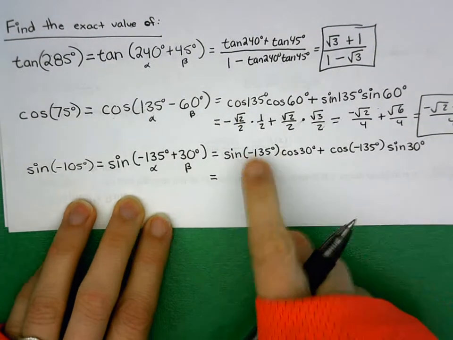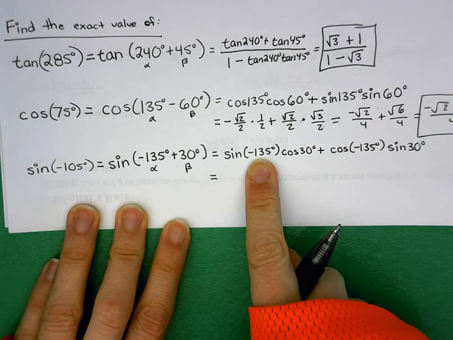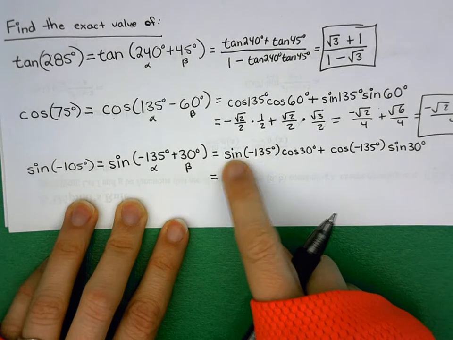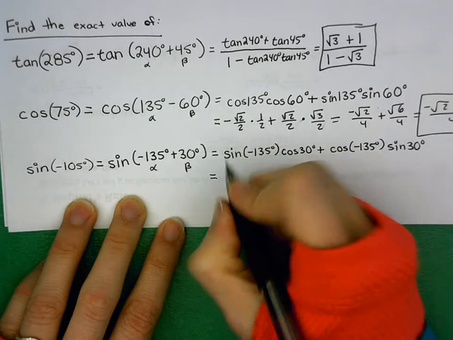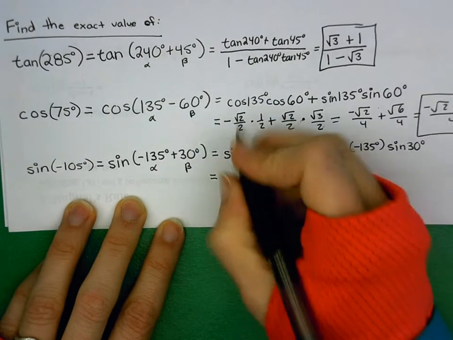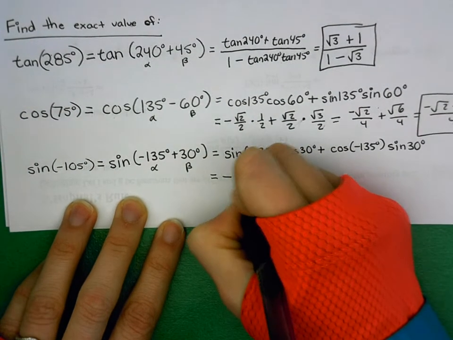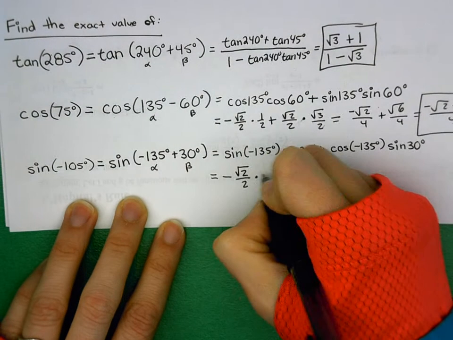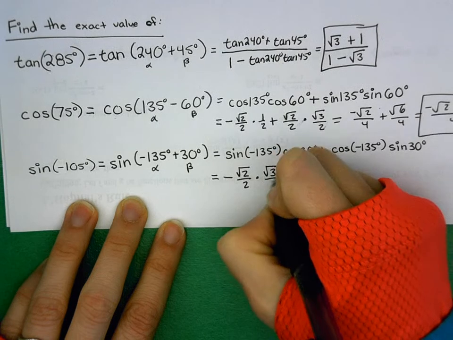Negative 135 degrees is the 45-degree angle in the third quadrant. So sine is negative in the third quadrant, so this would be negative. And sine of my 45-degree angle would be root 2 over 2. Cosine of 30 is root 3 over 2.